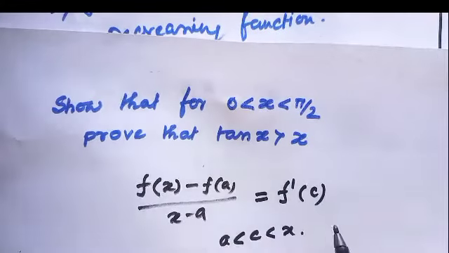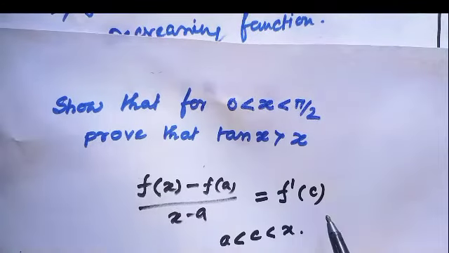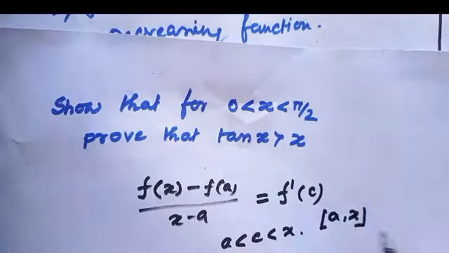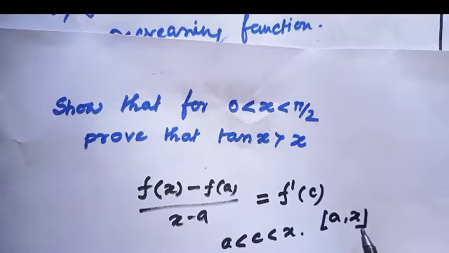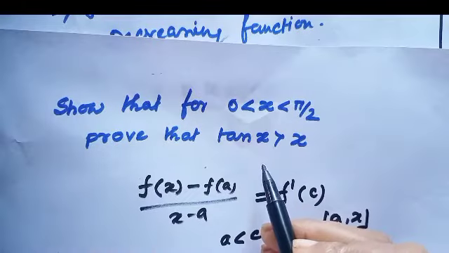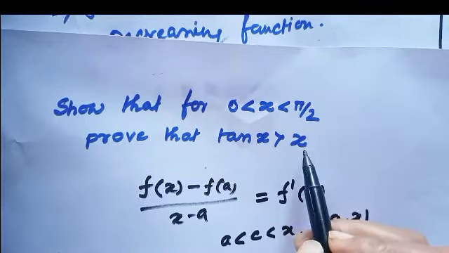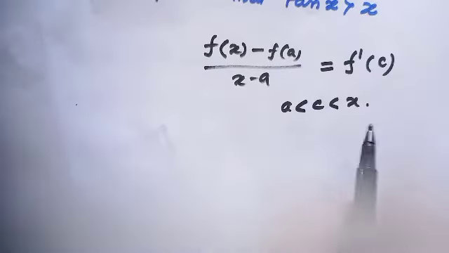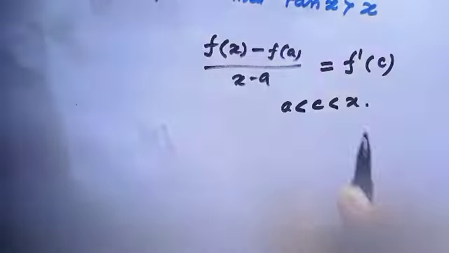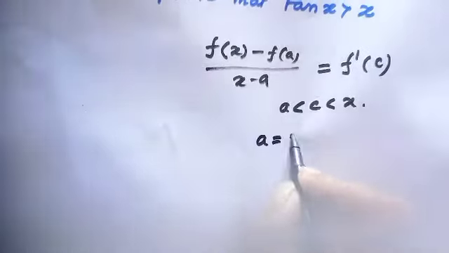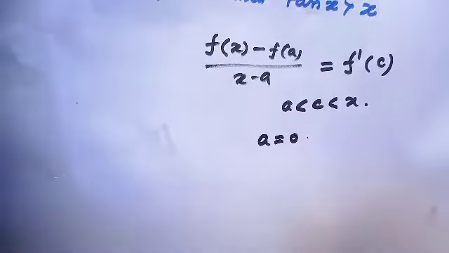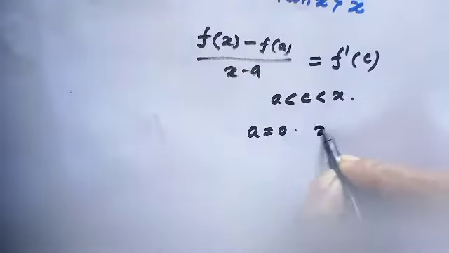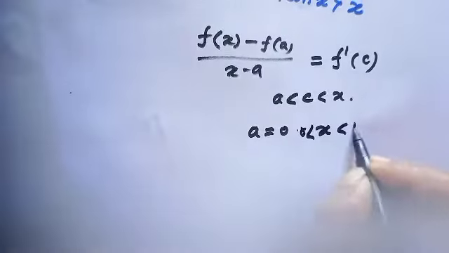Okay. I will use the mean value theorem on the interval a to x, and here I have considered x because I will prove the inequality tan x always strictly greater than x. If you think about this interval, then a would be 0 and x would be always greater than 0 and less than pi over 2.